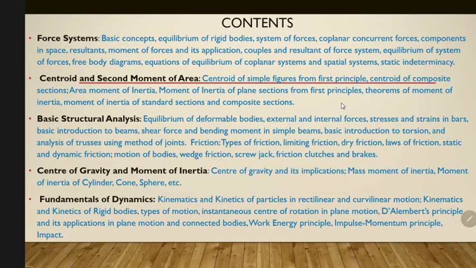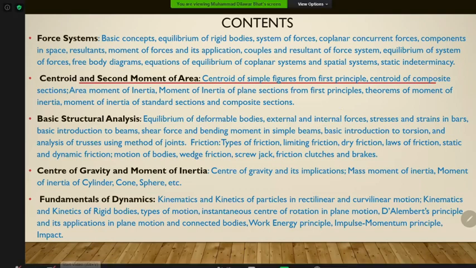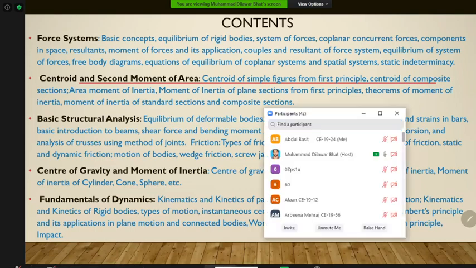Evaluation is basically the response, right? Evaluation is the response of any structure. How will it respond to the external loads? And that understanding of the system is called force system.